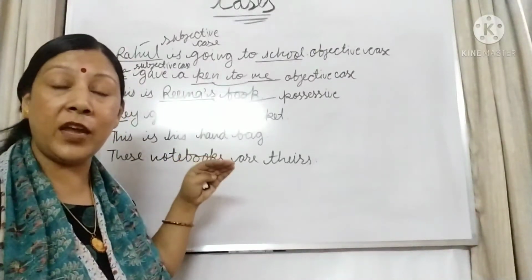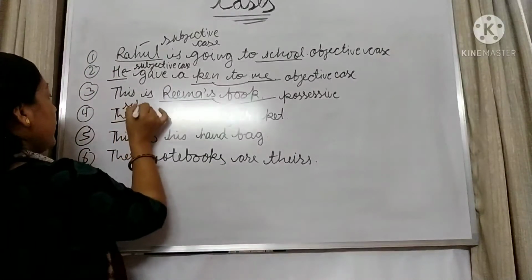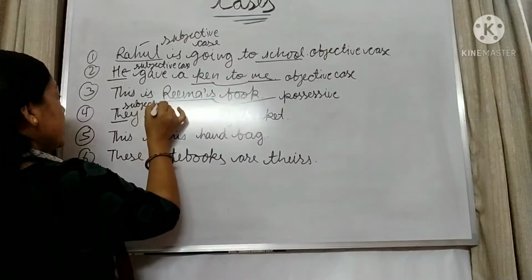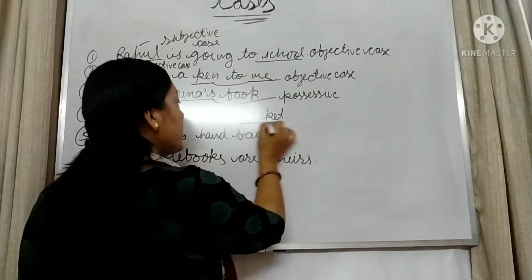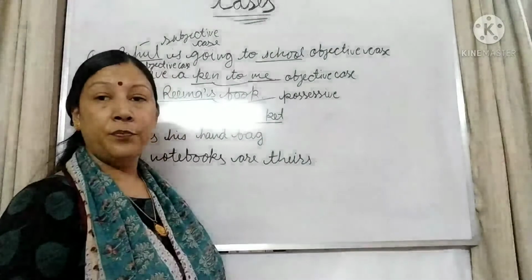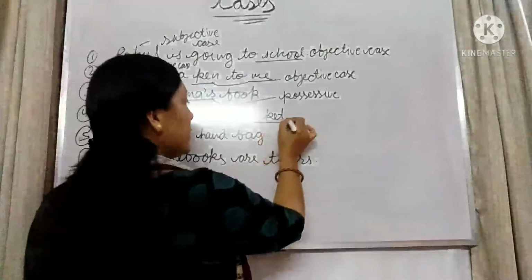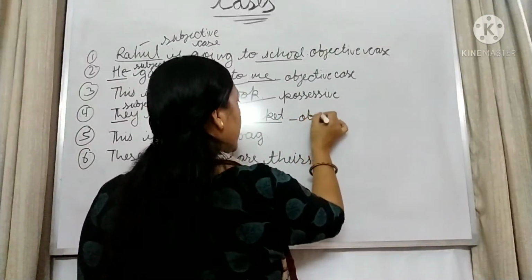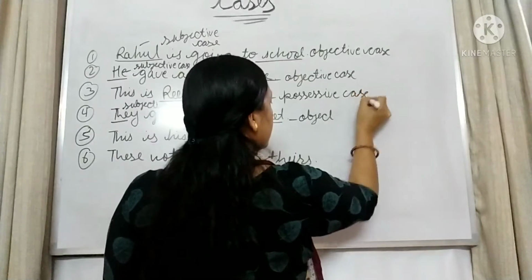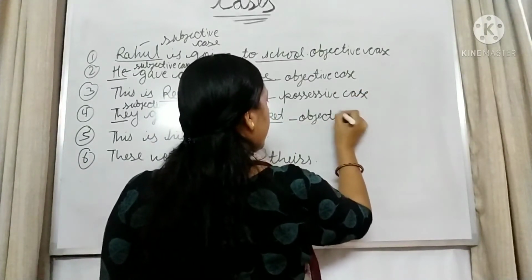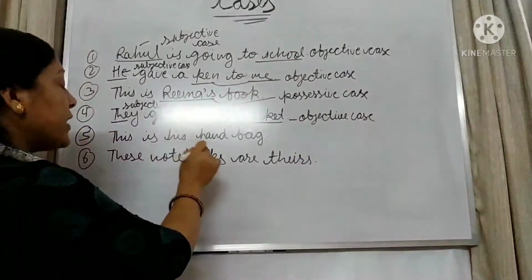The position of they is subject. So they is subjective case in this sentence. Very good. Now, to play cricket. Cricket is here what? Cricket is the object here. So this is objective case.